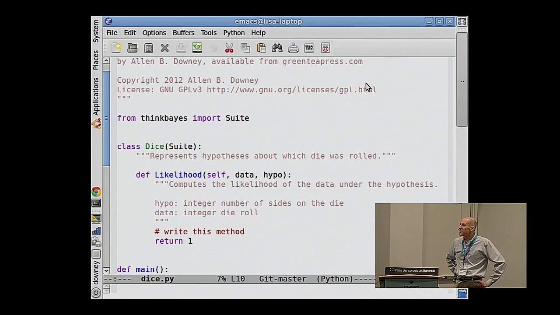So I import suite from ThinkBayes. And then, as I said a minute ago, I'm defining a new class called dice that inherits from suite. And all I have to do is provide the likelihood function. And I've given you, for now, a broken likelihood function that just returns 1 all the time. So that's not going to do any good. You're going to fill this in just a minute.